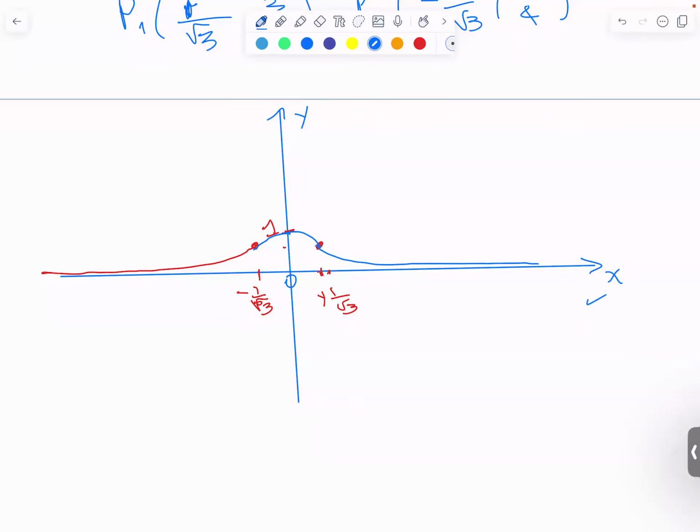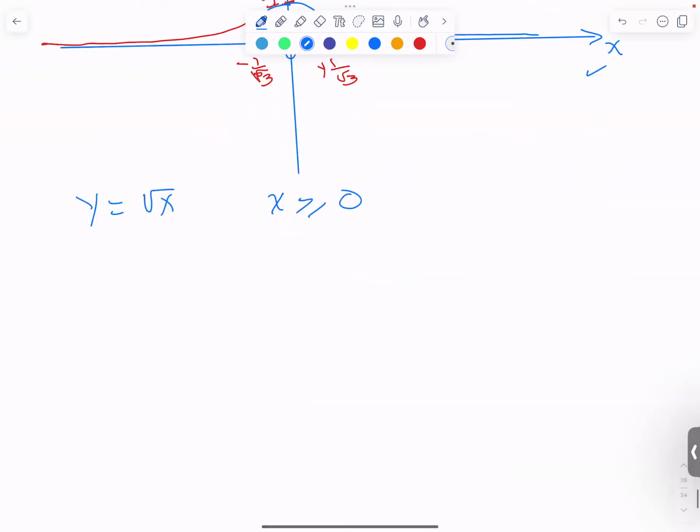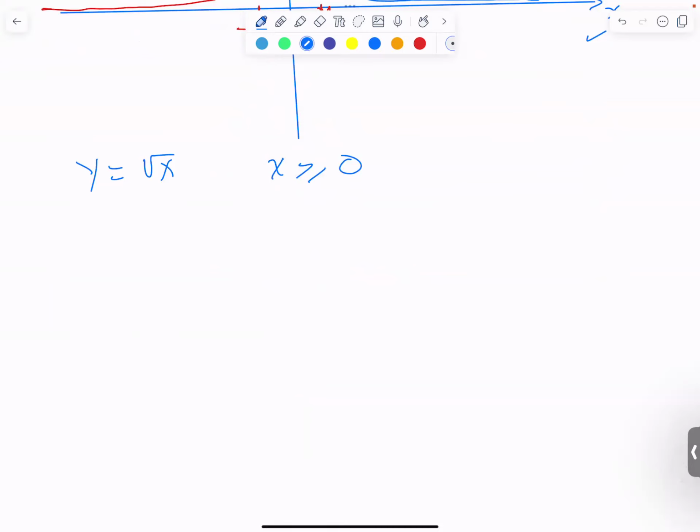Here is another example of how you can graph almost any function: y equals the square root of x. Very simple. The domain is all x greater than or equal to 0. There is no vertical asymptote, because there's no denominator; it's an irrational function.